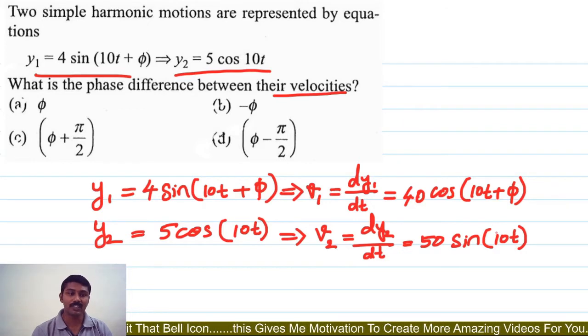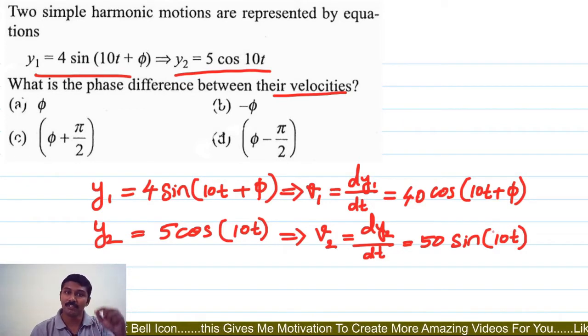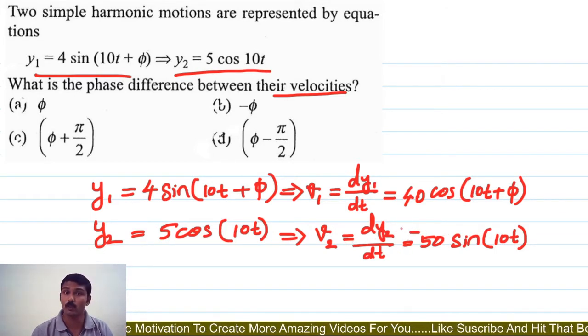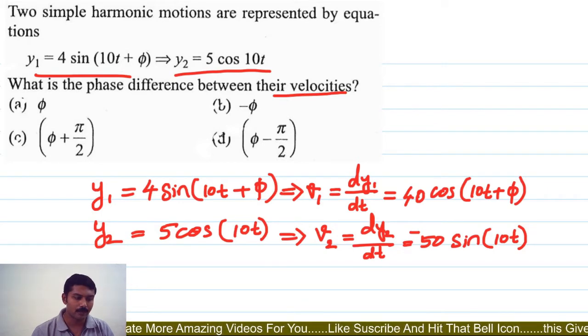Now to find the phase difference, we have to make sure that the trigonometric functions are the same. Cos has a negative sign: when you differentiate the cos function, you get a negative sign. So you have to make sure that both have the same trigonometric function.